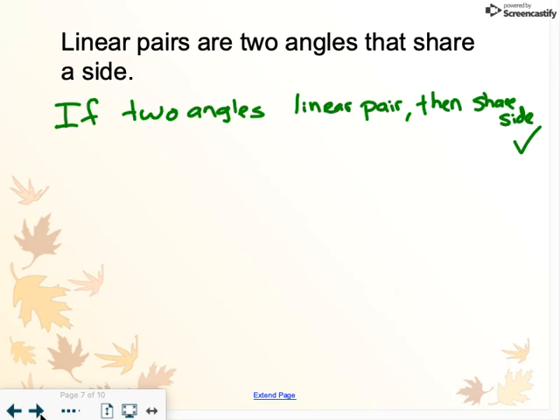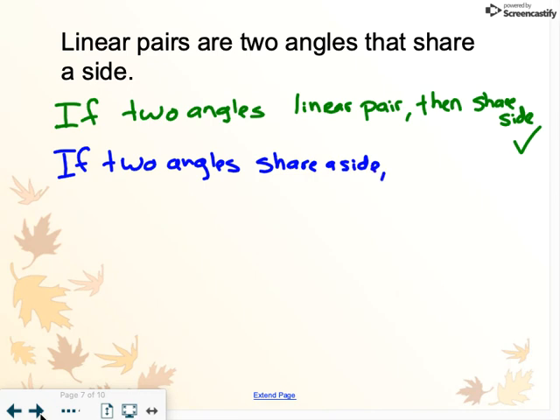Now we look at the converse of that. If two angles share a side, then they are a linear pair. We look at this statement. Is that true? And if we look at this statement, this in fact is not true. Because you could have two angles like this.